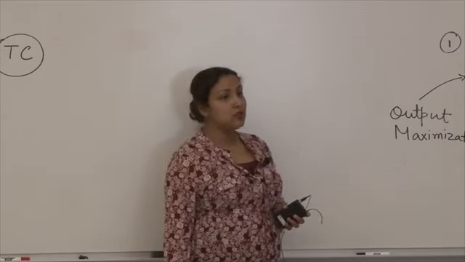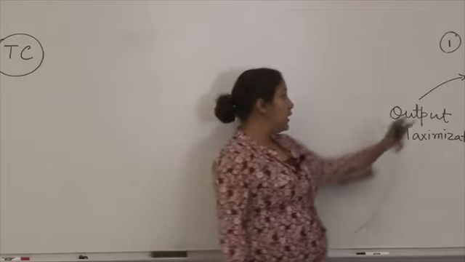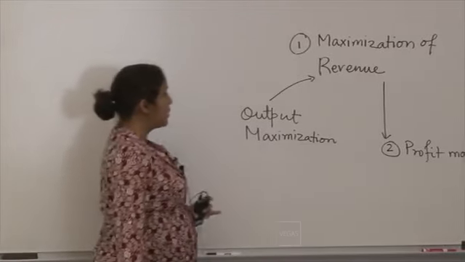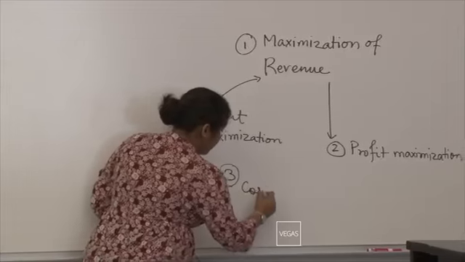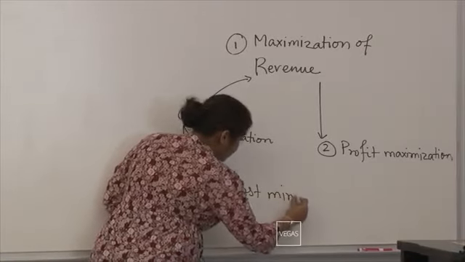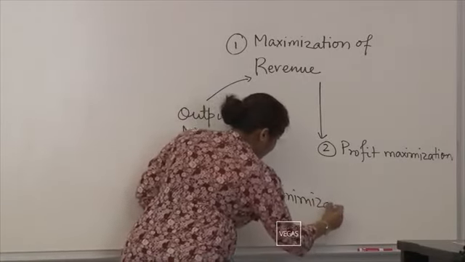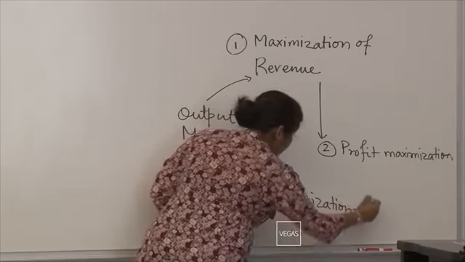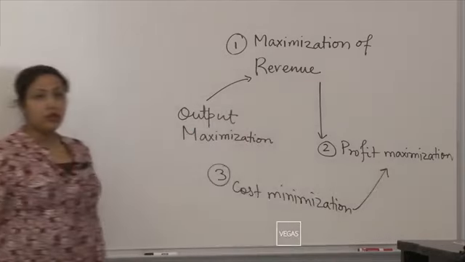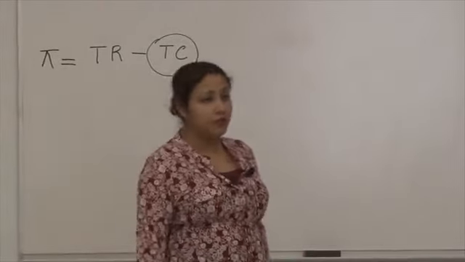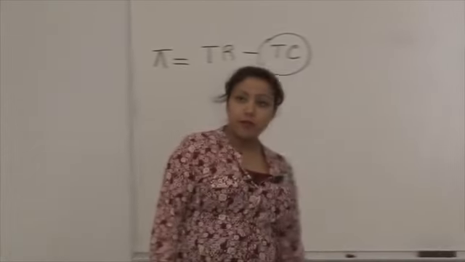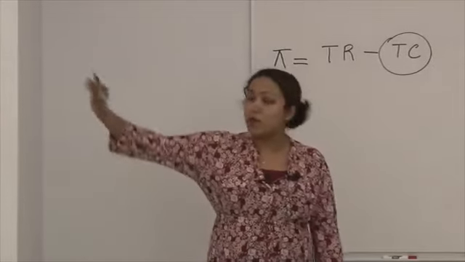Profit maximization is only possible if, along with revenue maximization, you also have cost minimization. Okay. So, that means there are three objectives of a firm: revenue maximization, profit maximization and cost minimization.